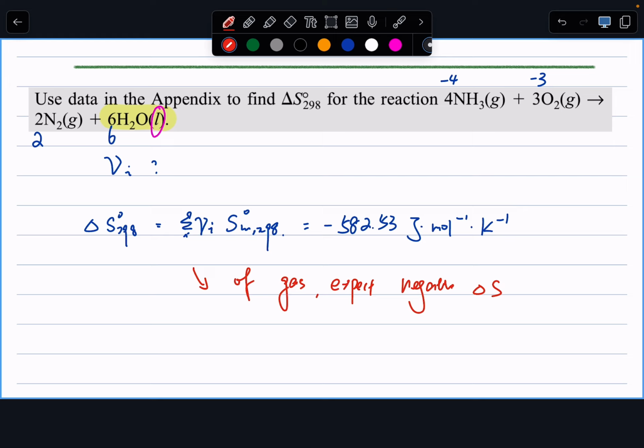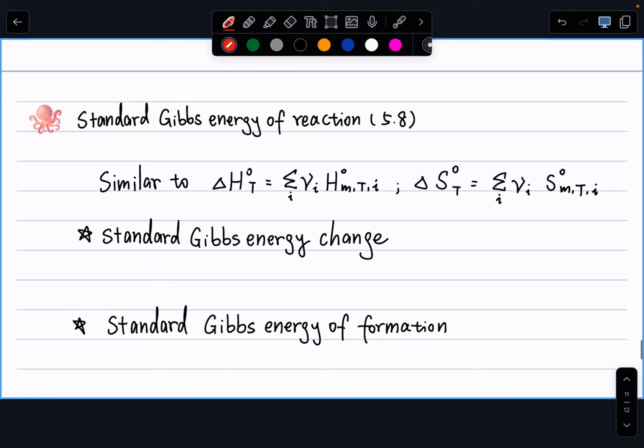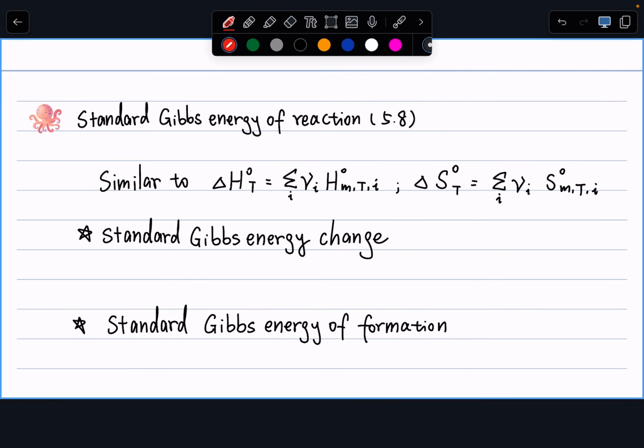All right, so that's one quick demonstration of how to use the appendix table to calculate the conventional entropy of the reaction. The last section of chapter 5 is to take the heat of formation and the conventional entropy together to calculate the standard Gibbs free energy of the reaction. It's similar to what we went over before. The delta H of the reaction is the sum of each molar enthalpy, and that's eventually related to the enthalpy of reaction by Hess's law.